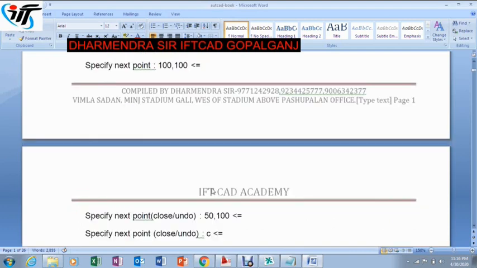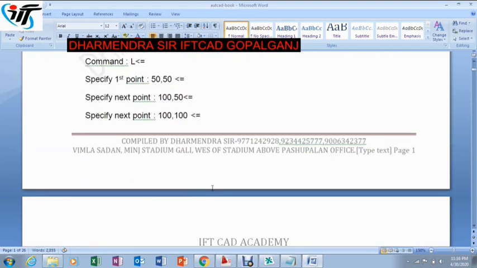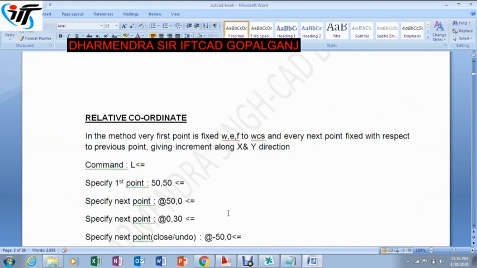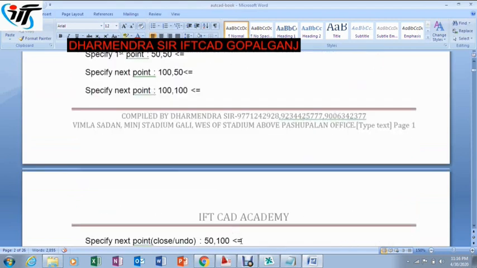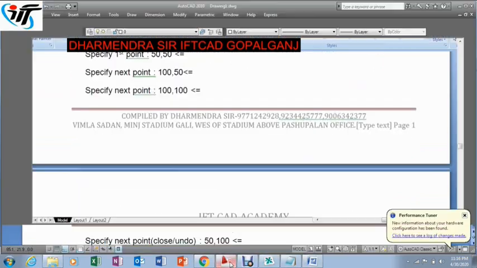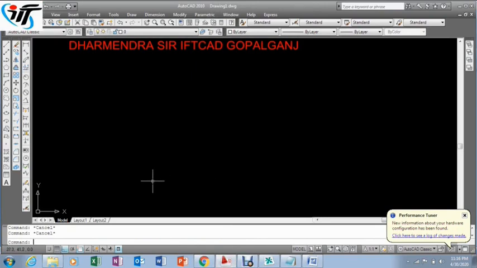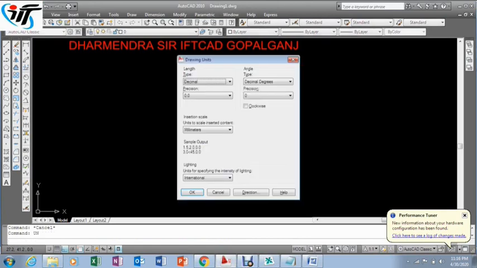Now we can do it on the CAD screen. Here is our CAD screen. Before that we need to check whether the unit and dimension settings are okay.